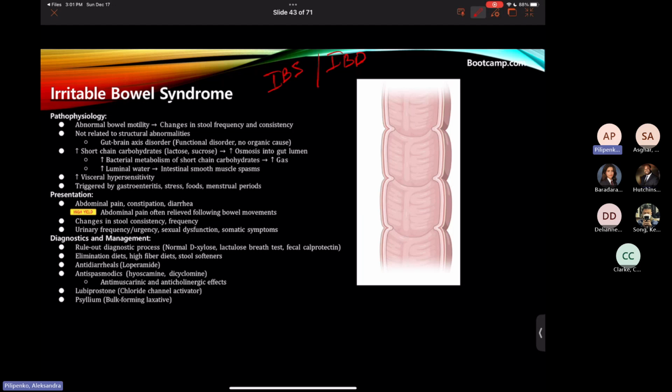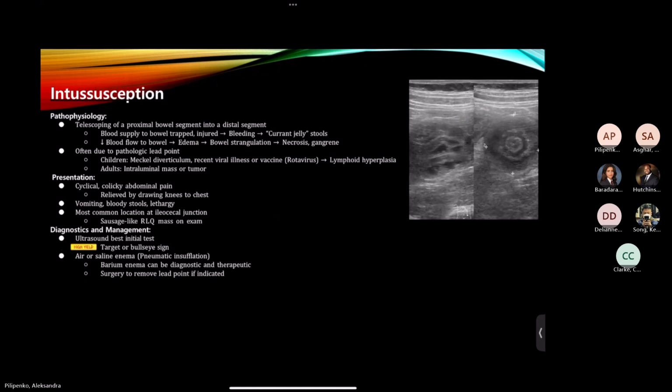IBS is just a syndrome, and they think the syndrome is more mental. There is a theory that it's a gut-brain axis disorder, and so a lot of patients will also have a presentation of anxiety, of depression, and so on. For IBD, I think I have different slides for that later.